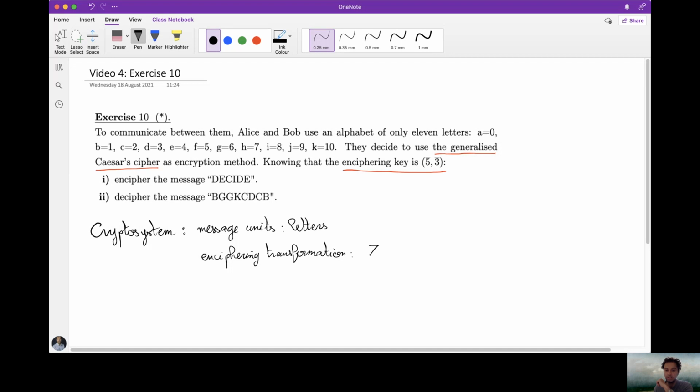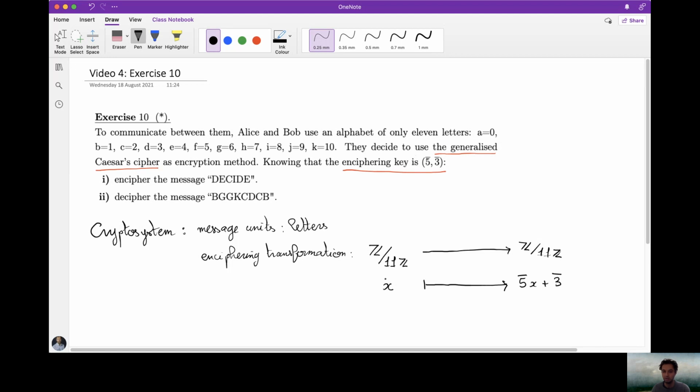So we go from Z over, we need to know what the modulus is. And since we have 11 letters, we're modulus 11, right? Z over 11Z. And if we have one letter or one number as an input X, the enciphering transformation, using the enciphering key that is here, tells us that we do 5X plus 3.